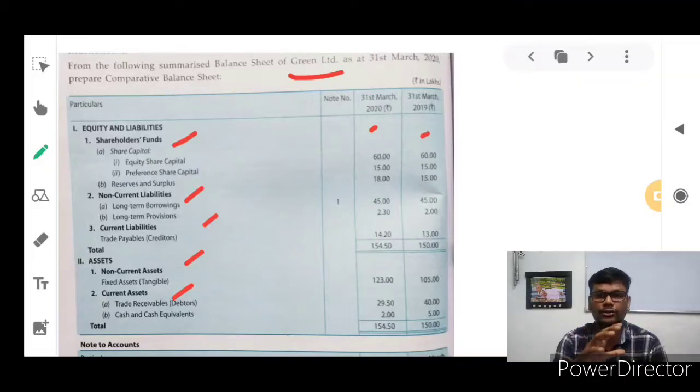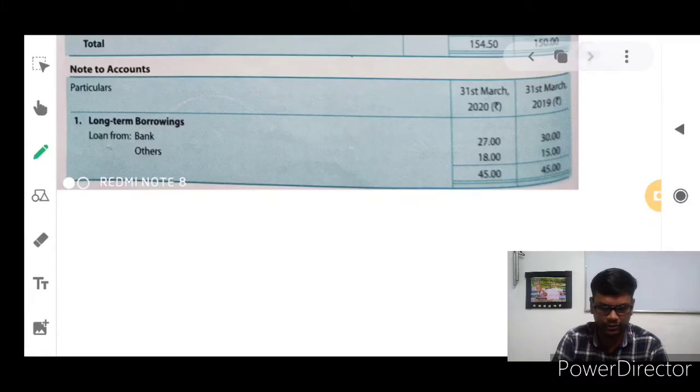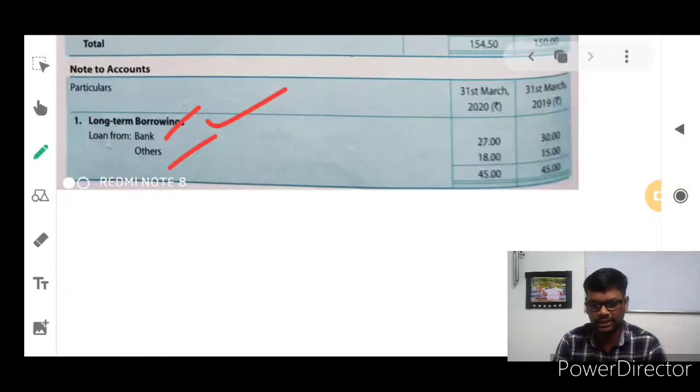For that we are going to implement the format we discussed earlier. Look at this: in note number 1, some information is available regarding long-term borrowings. In the notes to accounts they have given very clearly for long-term borrowings: loan from bank and loan from other creditors.